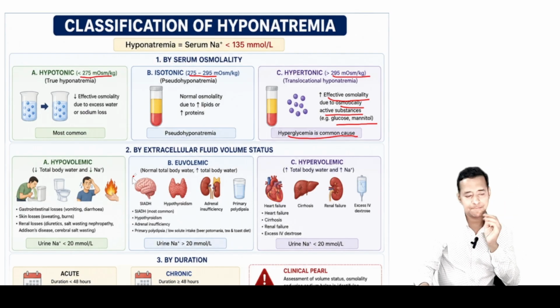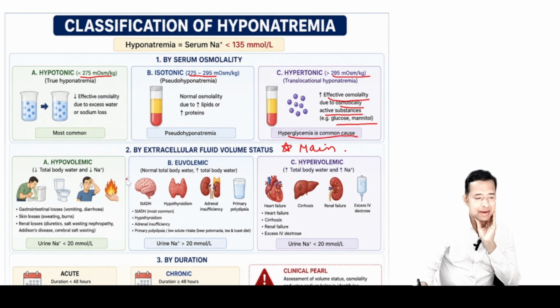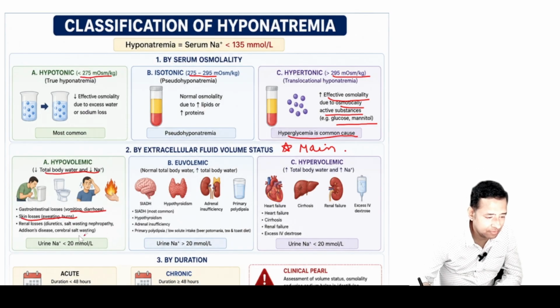Okay, and coming back to extracellular fluid volume status. Most likely the examiner will ask you this, a very important topic. Okay, in hypovolemic you have decreased total body water and decreased sodium, which may be caused by vomiting, diarrhea, and skin losses, sweating, burns, and renal losses, diuretics, salt-wasting nephropathy, Addison's disease, cerebral salt wasting.